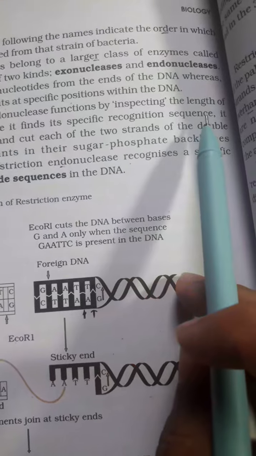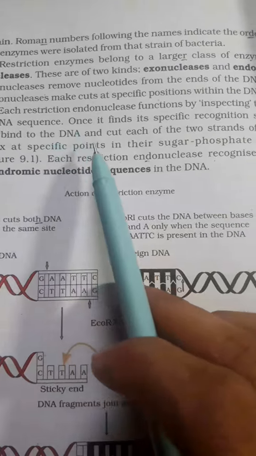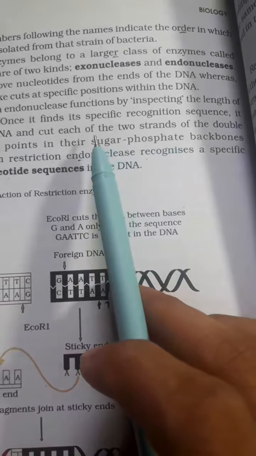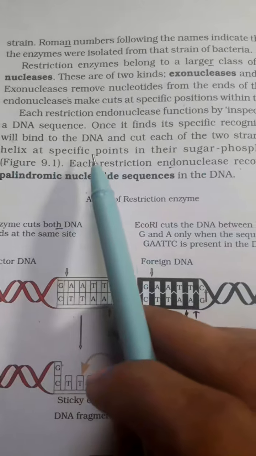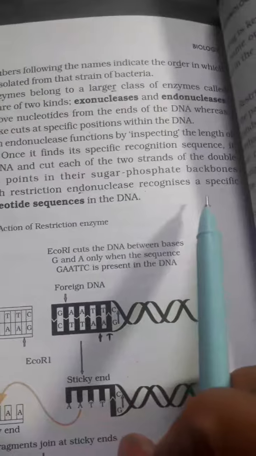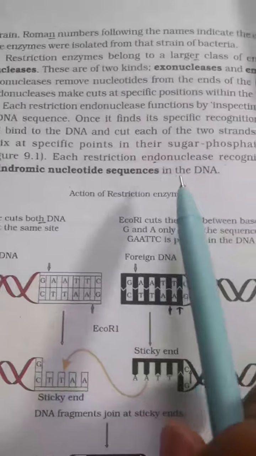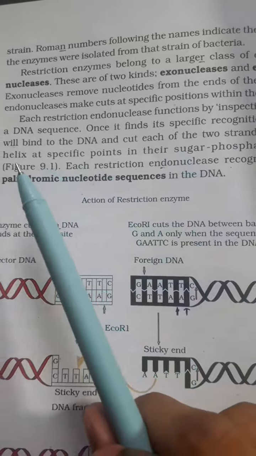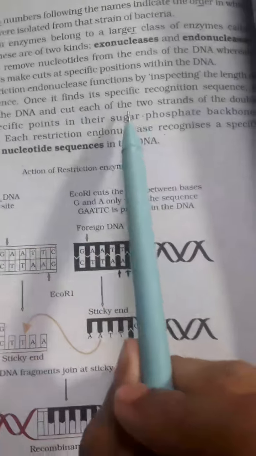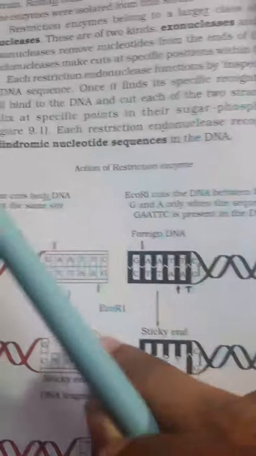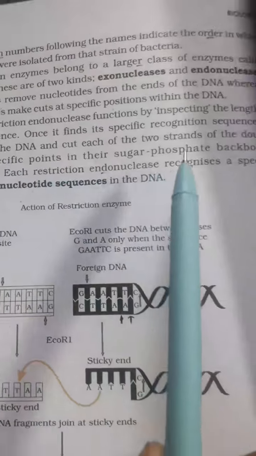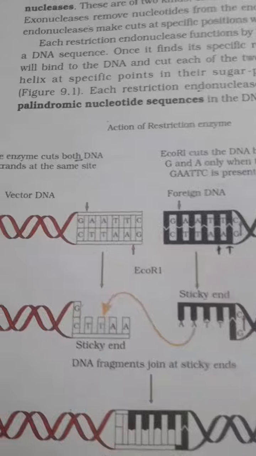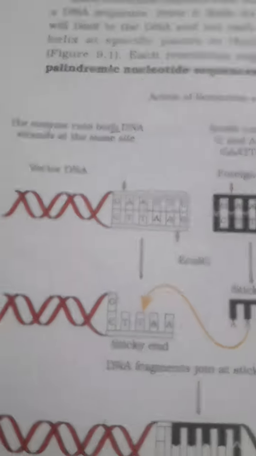Once it finds a specific recognition sequence, it will bind to the DNA and cut each of the two strands of the double helix at specific points in their sugar phosphate backbones. So these are the characteristics of restriction endonuclease.